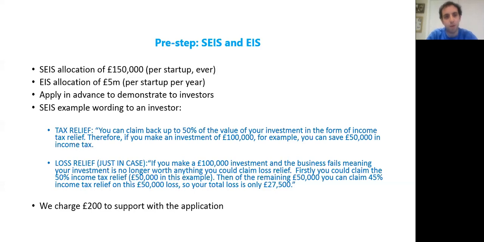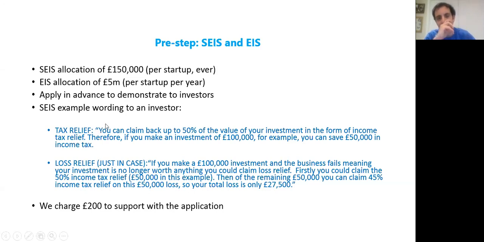It's something that you apply for in advance of receiving the investment, and you can demonstrate to the investors in advance, we've got this, so any investment you make will qualify. What you can see here in blue is effectively the benefit that you can communicate.